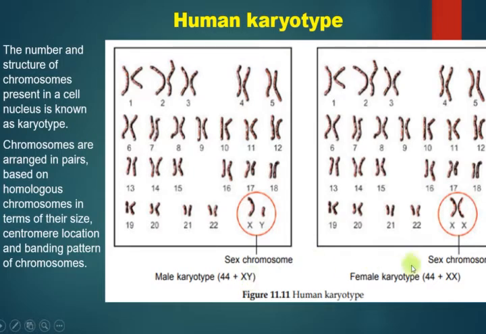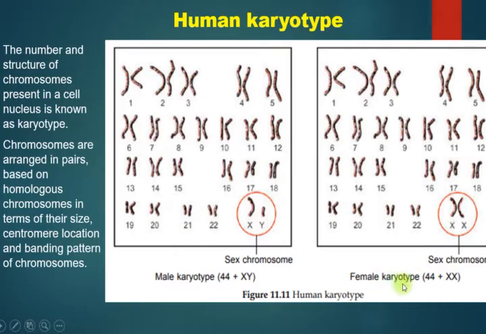Okay, let's take a look at the female karyotype here. The female karyotype also has 23 pairs of chromosomes. First pair until 22nd pair, they are all autosomes. And the last pair, the 23rd pair, refers to the sex chromosome that consists of 2 X chromosomes.